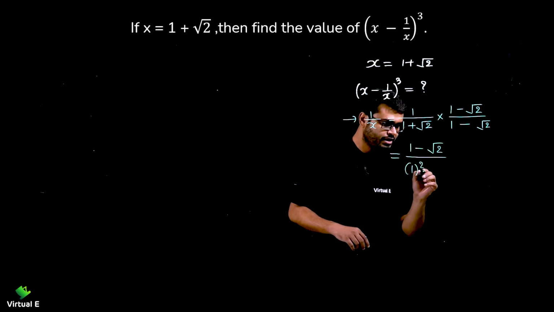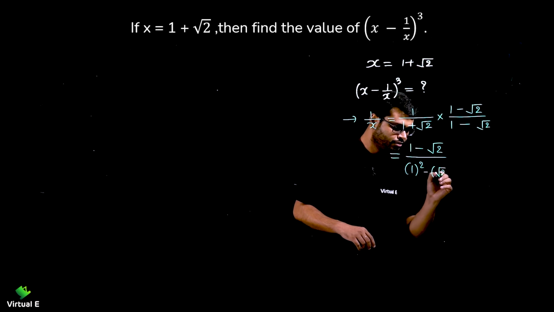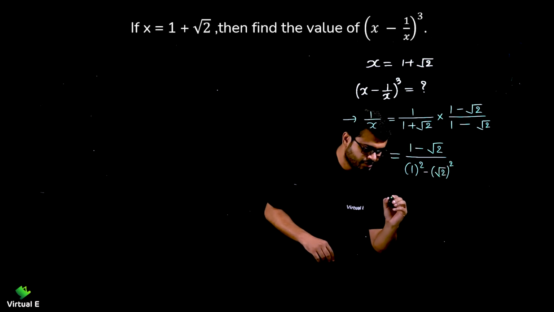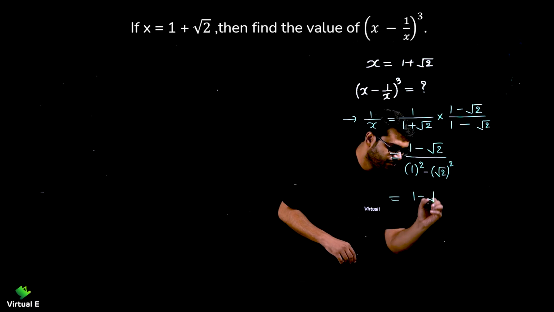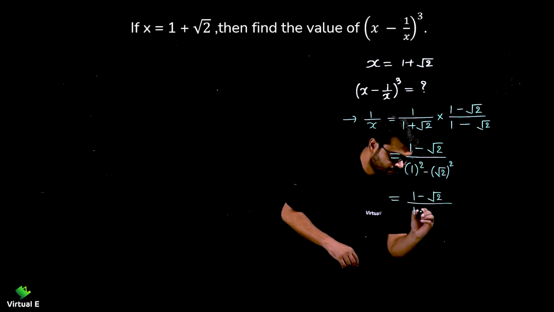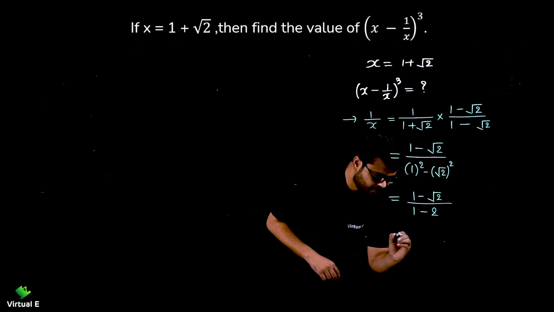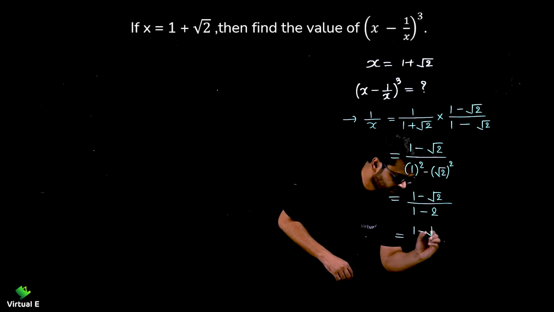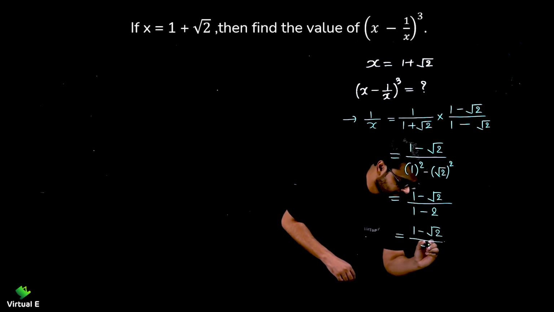So 1 square minus root 2 square over here. So we have 1 minus 2, since root 2 square is 2 only. So in this case, 1 minus root 2 over minus 1.